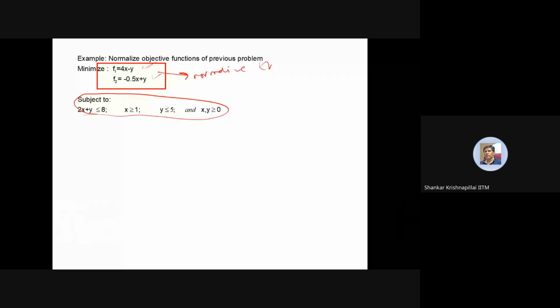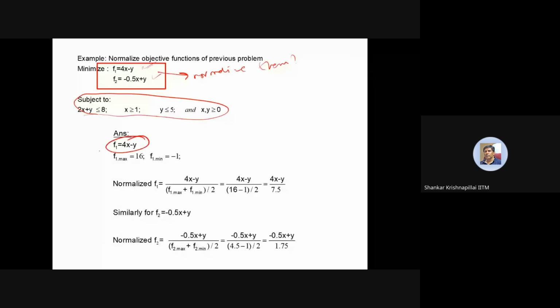Okay. So first we'll see how to normalize the first objective function, that is f1, that is 4x minus y. We already found in the graphical method that the maximum value of f1 is 16 and the minimum value of f1 is minus 1.